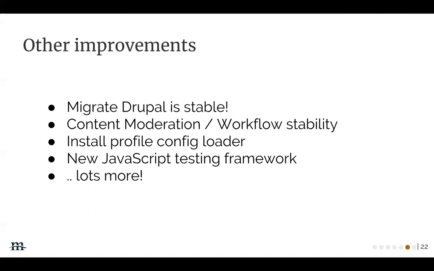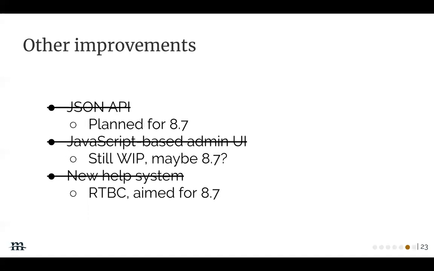But some of the things that didn't quite make it into core for 8.6 are things like the JSON API functionality that comes from the API First initiative. They have put a tremendous amount of functionality into that and have built a very robust system that is used by thousands of sites all over the world.